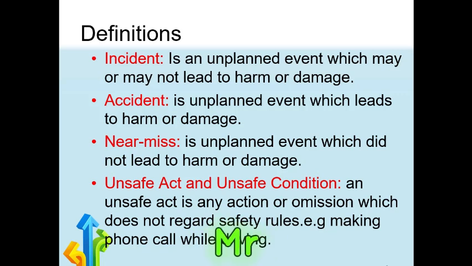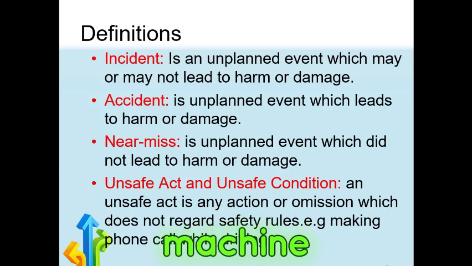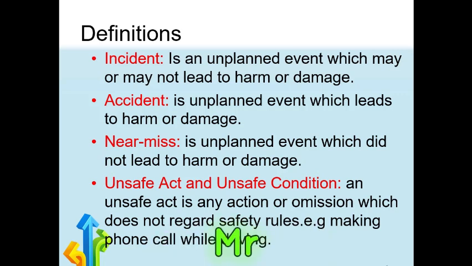Now it is Mr. B's turn to work in the factory. When he goes into the factory, he finds the machine on when it was supposed to be switched off. Mr. A has carried out an unsafe act, while Mr. B has met an unsafe condition.